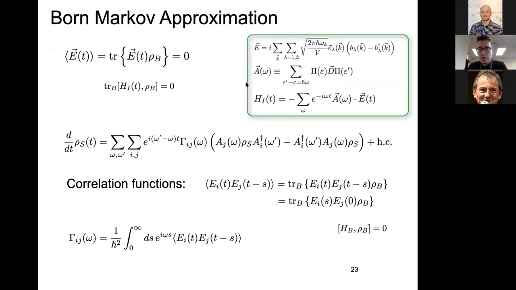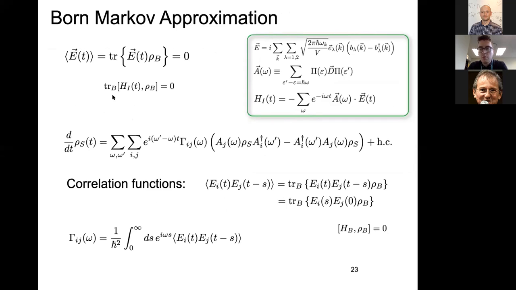Having decomposed our system interaction terms into its eigenoperators, we can then proceed through some of the steps that we went through in the general microscopic derivation of the Markovian master equation.